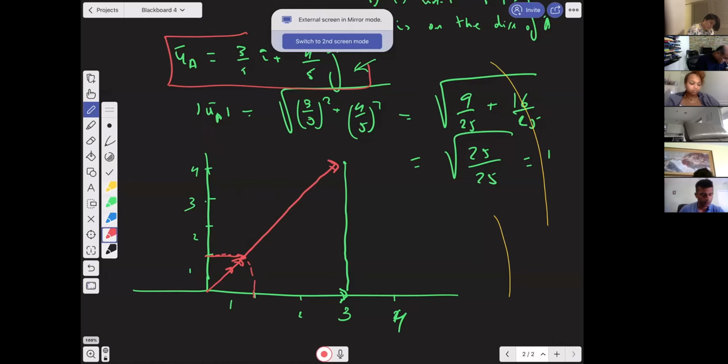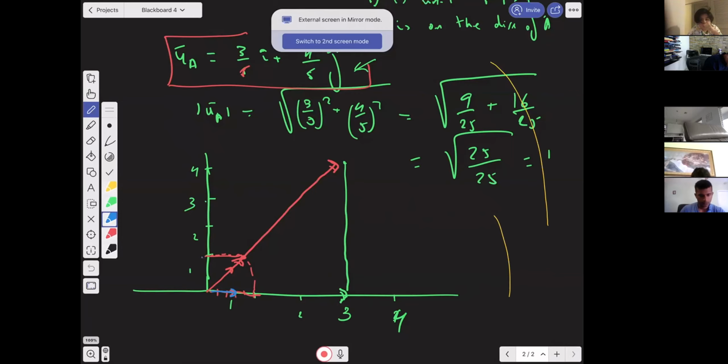The vector u sub A is 3/5, so I divide 1 in 5 parts: 1, 2, 3, 4, and 5. And 3/5 means you take 3 parts. So the vector u sub A is 3 times 1/5 and 4/5.